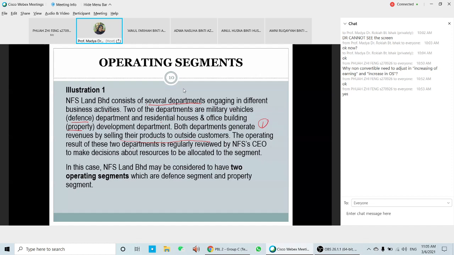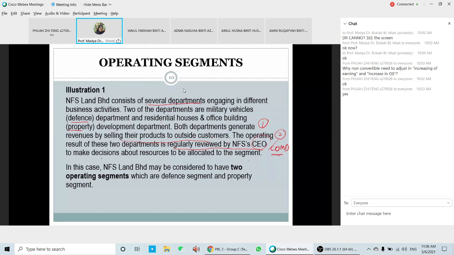The operating results of these two departments are regularly reviewed by the CEO. In this case you only have the CEO, CEO or CODM, either one. This fulfills the second criterion, making decisions about resources to be allocated to the segment.